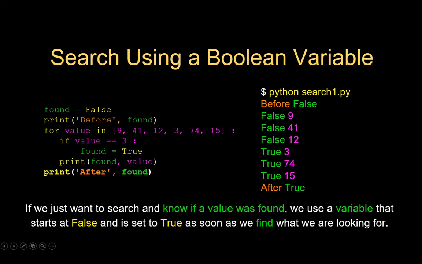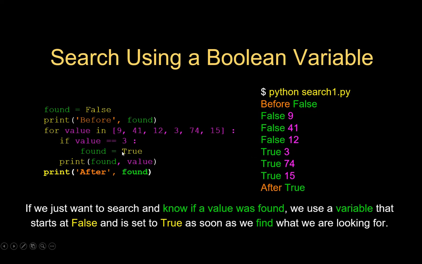So 9 is not equal to 3, it doesn't run, it just prints found and value. So found is false, value is 9. The next one is 41, we have the same. The next one is 12, it is the same. The next one is 3, so we're going to have true and value of 3.